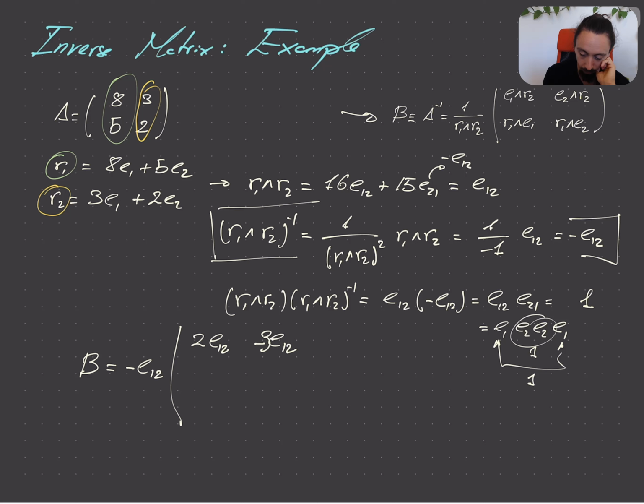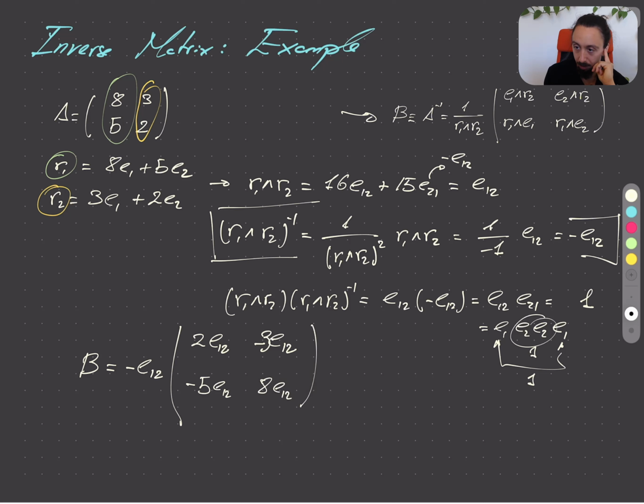Now we get R1 wedge e1, which kills the first term and survives the second one with the reverse sign, so minus 5 e12. And now we look at R1 wedge e2 on the right. So we got on the right, this is 8 e12.